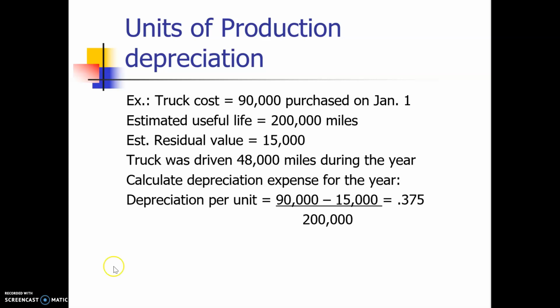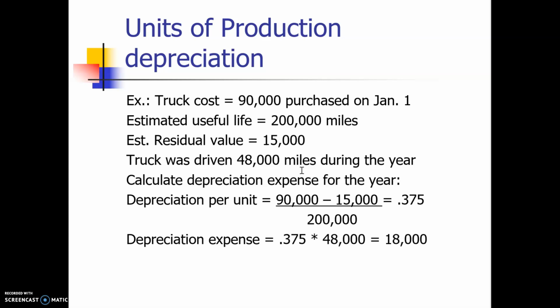Every period when we're calculating depreciation, we take 0.375 times the actual mileage for the period. In year 1, we drove the truck for 48,000 miles. So to get our depreciation expense, we take 0.375 times the 48,000 miles, and we get 18,000 in depreciation.